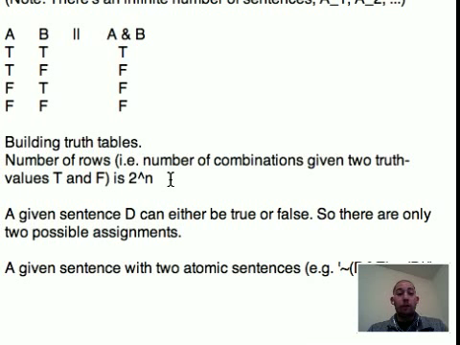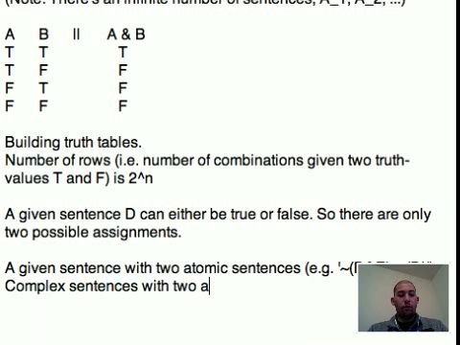Right? The case where both of them are true, the case where one is true and the other one is false, the vice versa of that, and then the assignment when both of them are false. So complex sentences with 2 atomic sentences have 4 possible combinations.